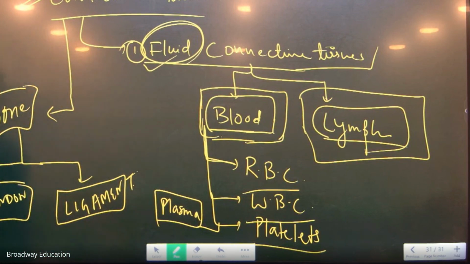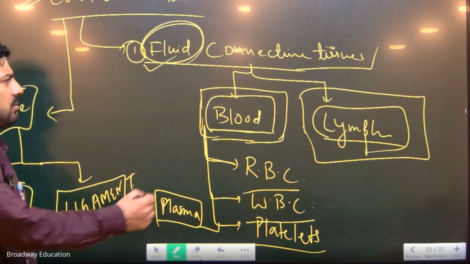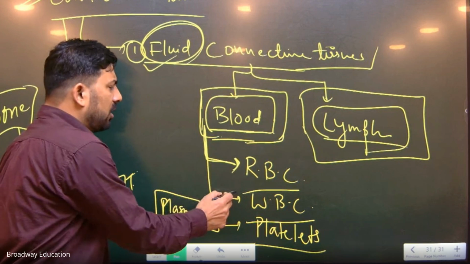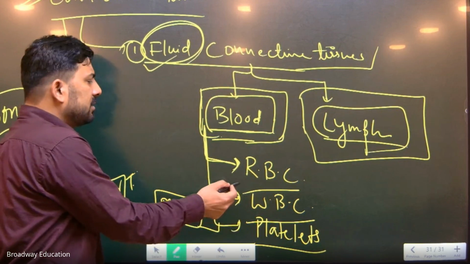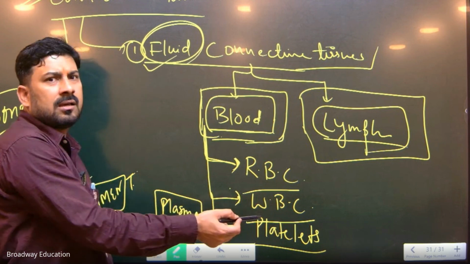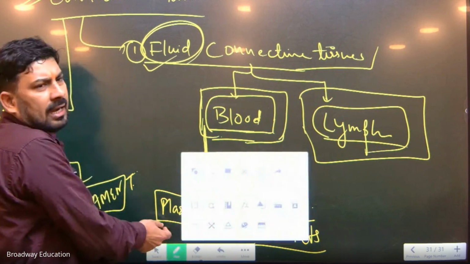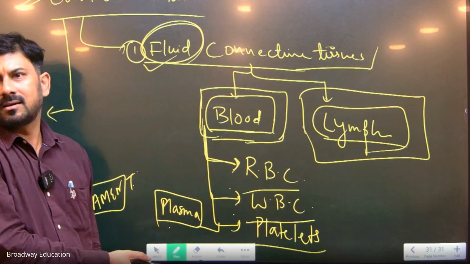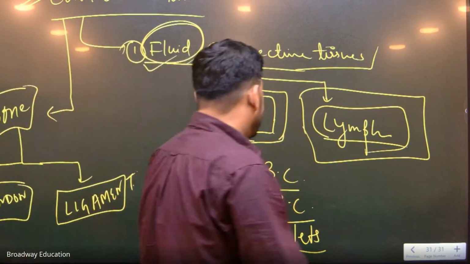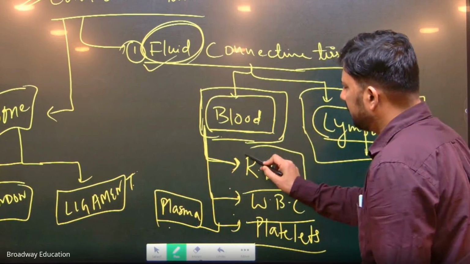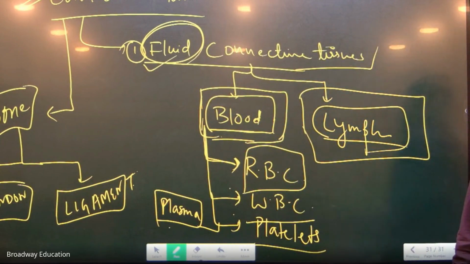Understood? Blood basically comprises what? RBC, WBC, platelets, and plasma. Simple.